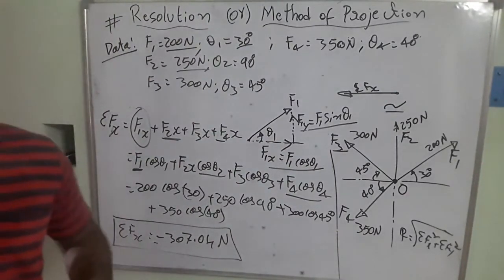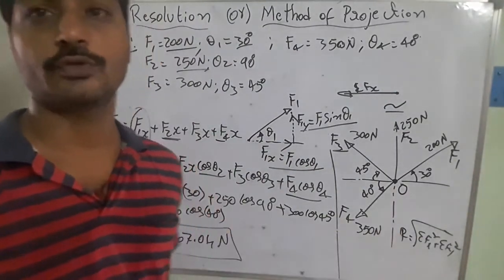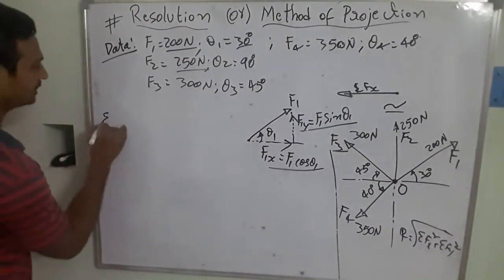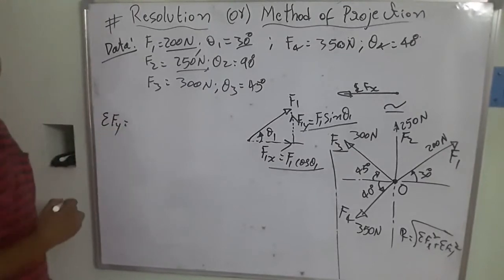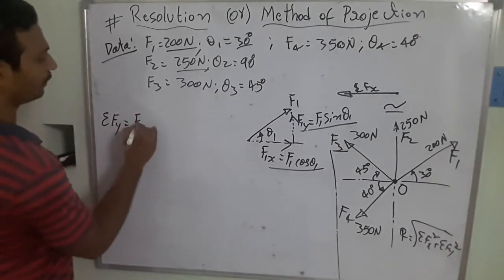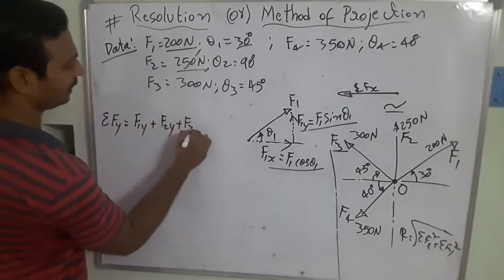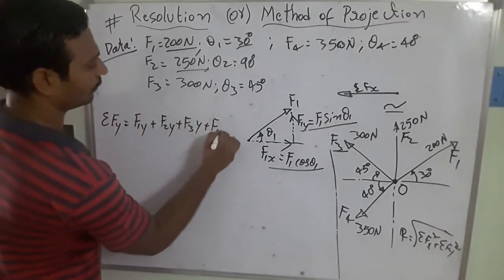Similarly, I am going to calculate the vertical component forces. The summation of the forces in the vertical components is equal to F1y plus F2y plus F3y plus F4y.